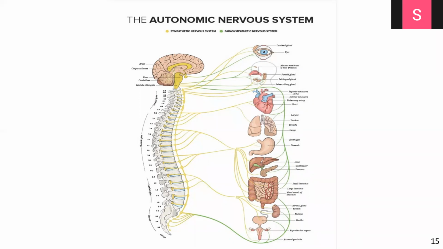Autonomic functions include control of respiration, cardiac regulation, vasomotor activity, and certain reflex actions such as coughing, sneezing, swallowing, and vomiting.